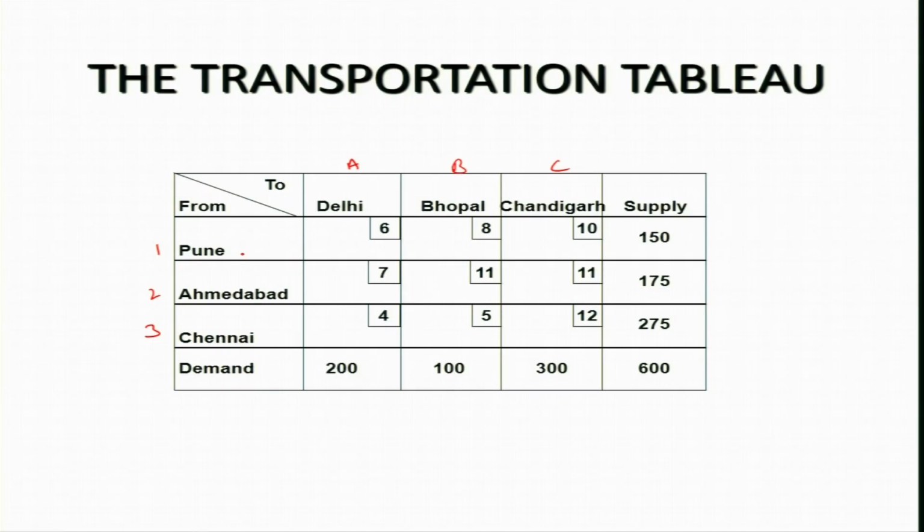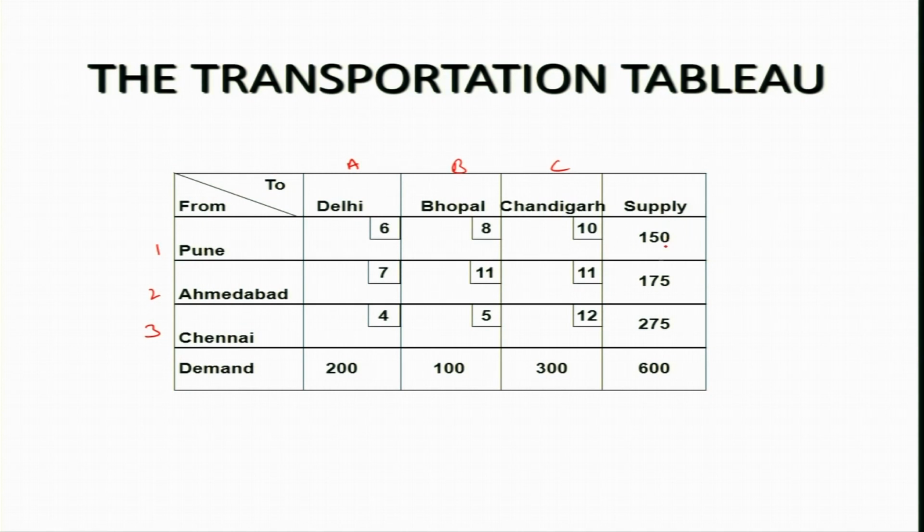Pune factory can supply 150 units or 150 tons, or it can be any unit. Ahmedabad can supply 175, Chennai can supply 275 units. And similarly, the requirements, the demand of A is 200 and demand of B is 100 units and demand of C is 300.